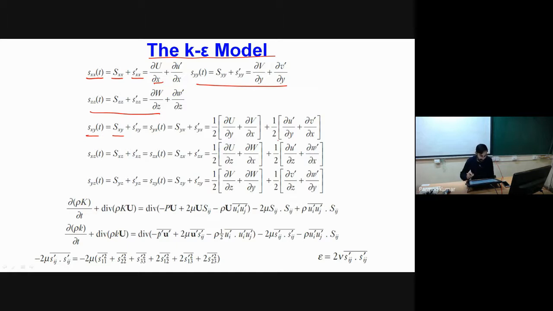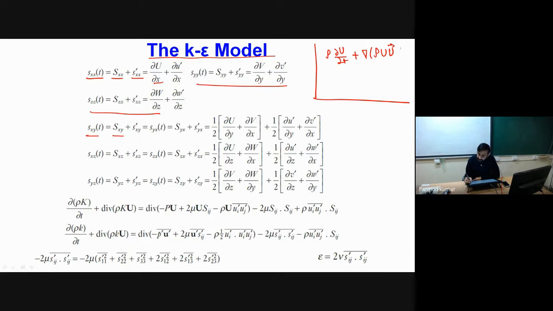Now, to find the equation for turbulent kinetic energy, let me give you one typical representation of our Reynolds averaged equation. On the left hand side we have rho times del u by del t plus divergence of rho u, u vector.